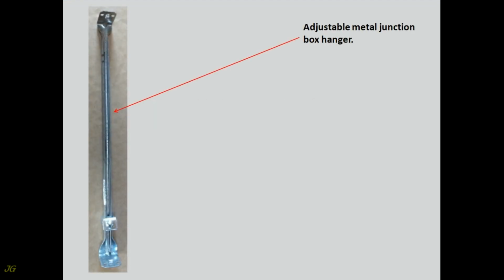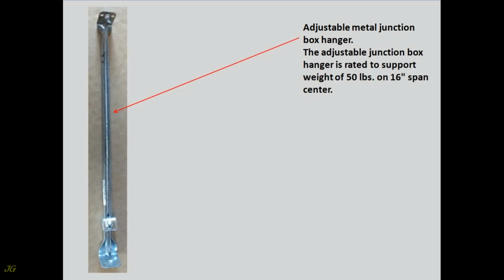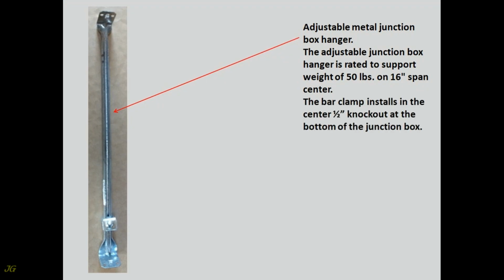Adjustable metal junction box hanger. The adjustable junction box hanger is rated to support a weight of 50 pounds on a 16 inch span center. The bar clamp installs in the center 1/2 inch knockout at the bottom of the junction box.